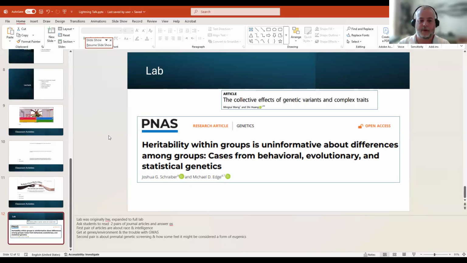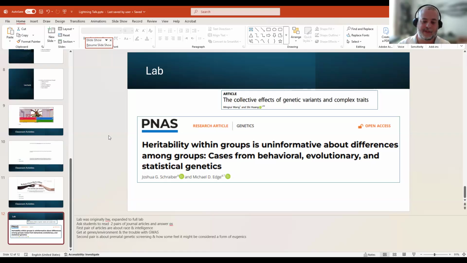The second pair of articles that we read are about a topic that I had never really contemplated before doing the research for this lab, which is how prenatal genetic screening might be considered a form of eugenics.